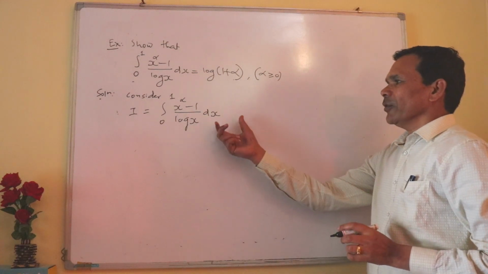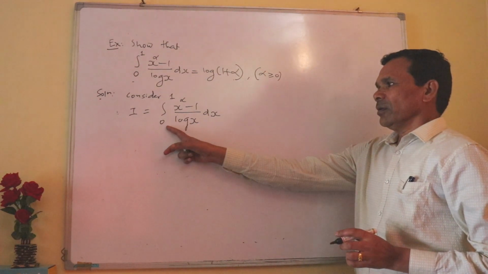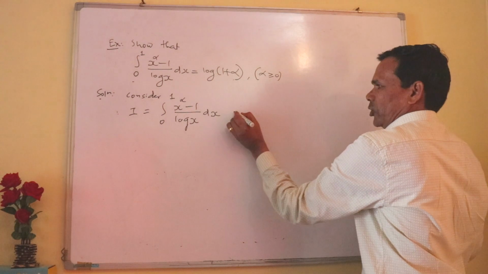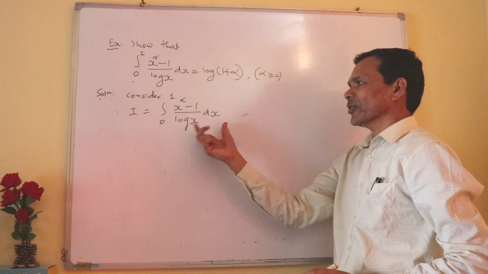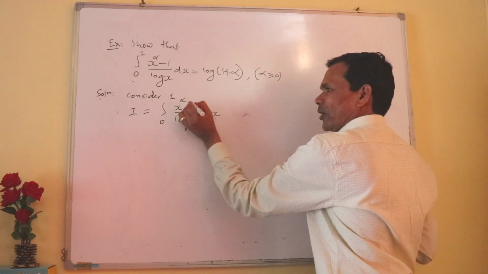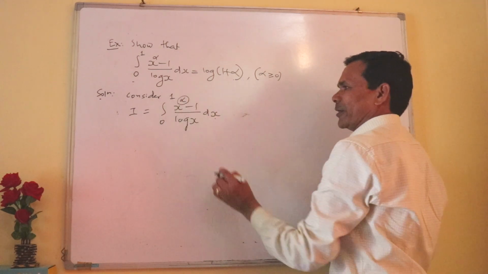Now, how to operate the first rule? 0 and 1 are constant limits. It is with respect to x, so alpha is the parameter.